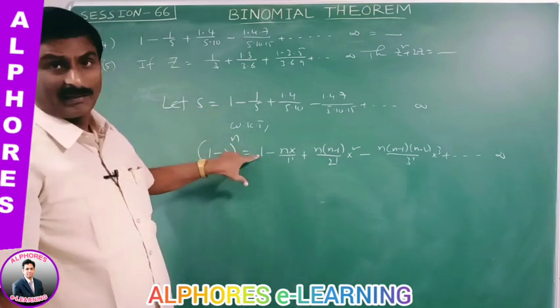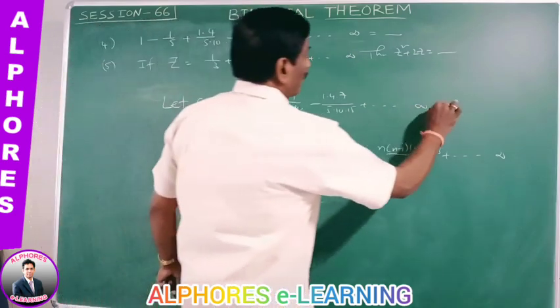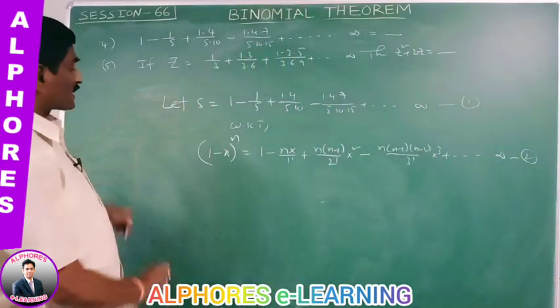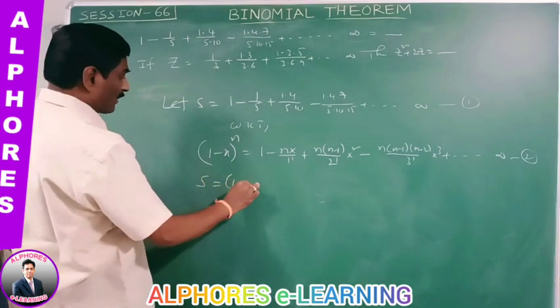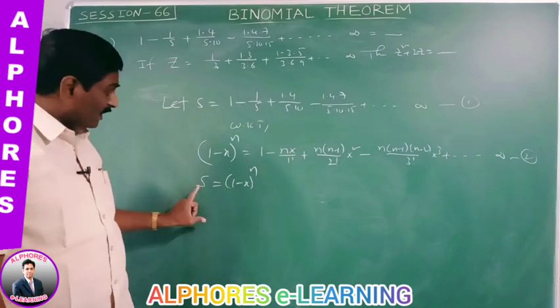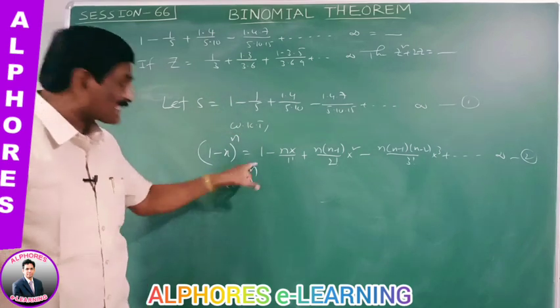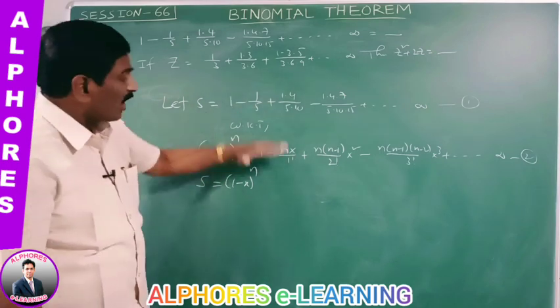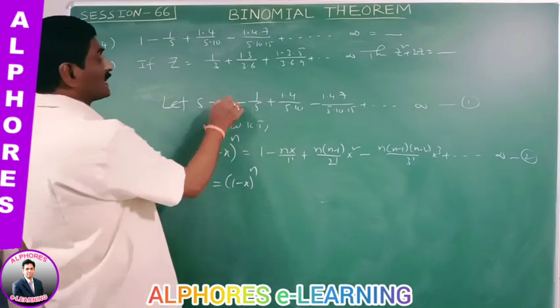So both are identical. So by comparing these two values, say this value is 1 and this value is 2, by comparing 1 and 2, what is the value of s? s is equal to (1 minus x) whole power n. Now the required value is s. To find the value of s, first we find x and n. How do we find the values of x and n? By equating the RHS terms. This one is equal to this one.